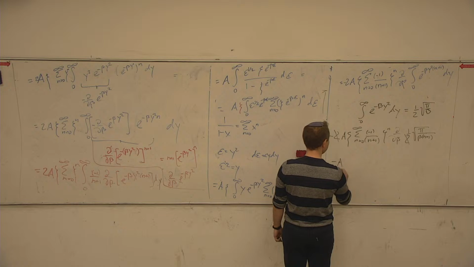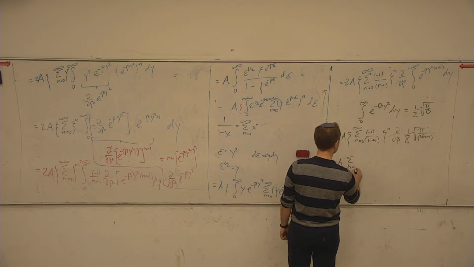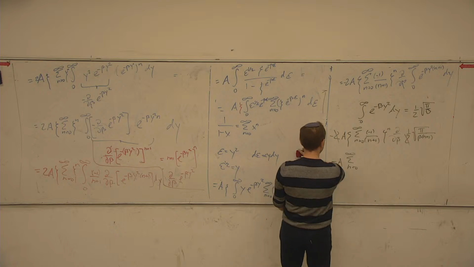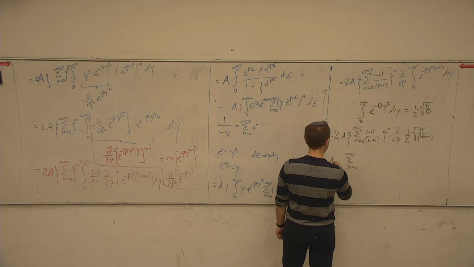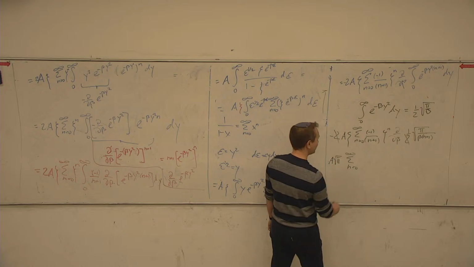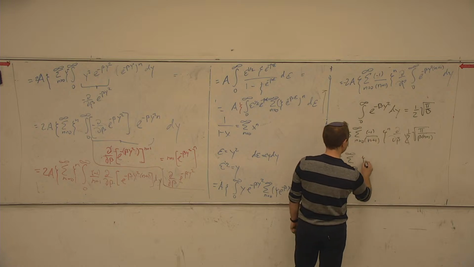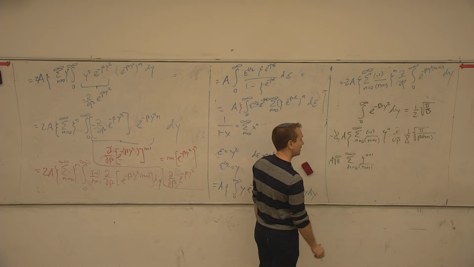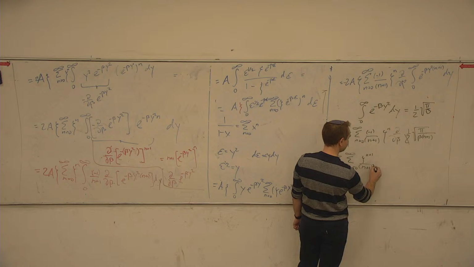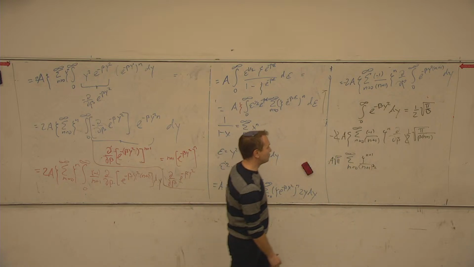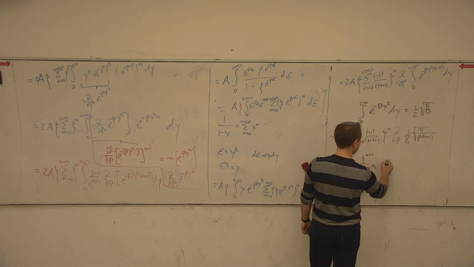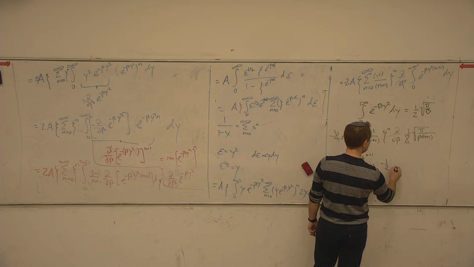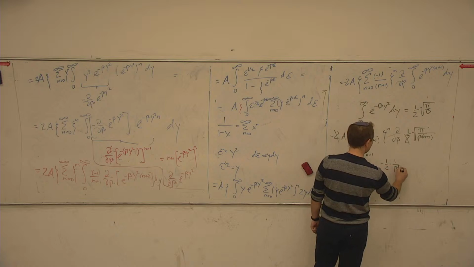So we have minus a sum, n goes from 0 to infinity. Let's take the square root of pi over here, so a square root of pi. Let's take the fugacity now inside. So we have fugacity to the power n plus 1 divided by n plus 1 to the power of 3/2. And we have the derivative of this beta over here, which is minus 1/2 multiplied by 1 over beta to the power 3/2.